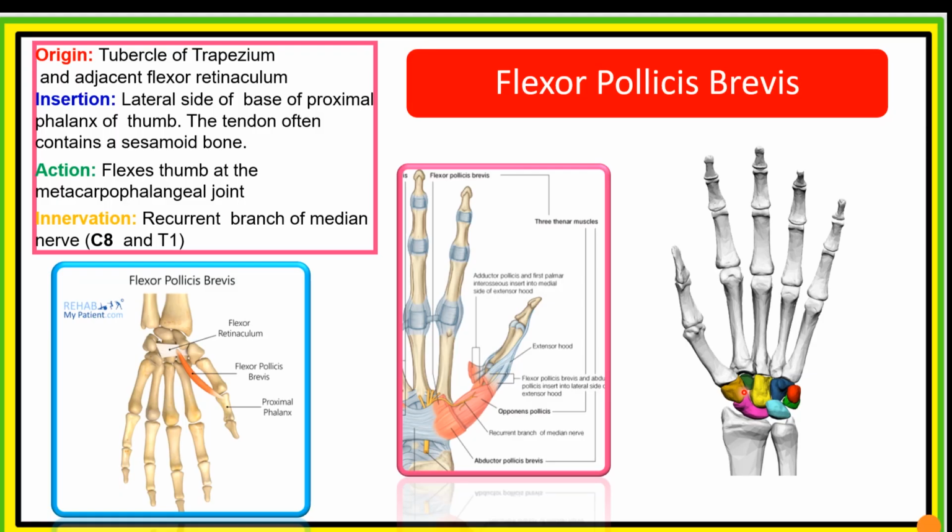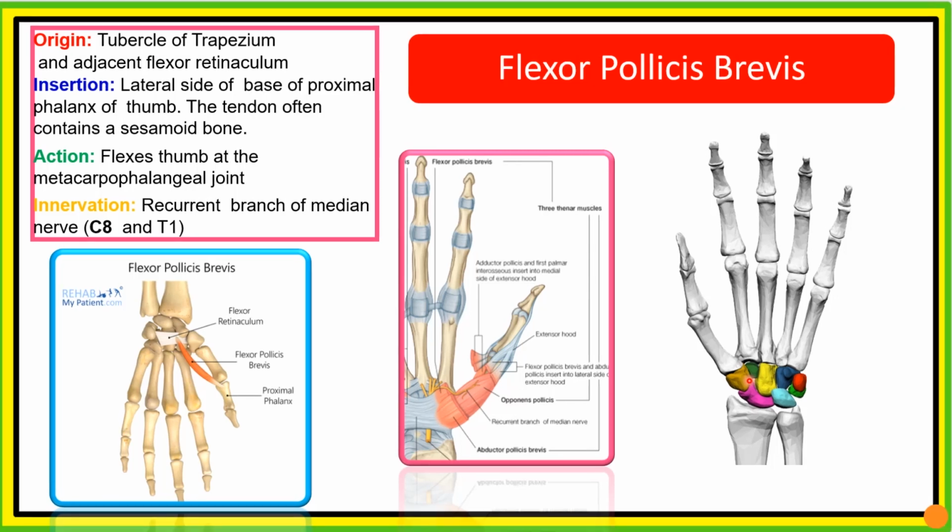The tendon of the flexor pollicis brevis usually has a sesamoid bone attached to it. The action is to flex the thumb at the metacarpophalangeal joint. Now, innervation, as we already know, is from the recurrent branch of the median nerve.